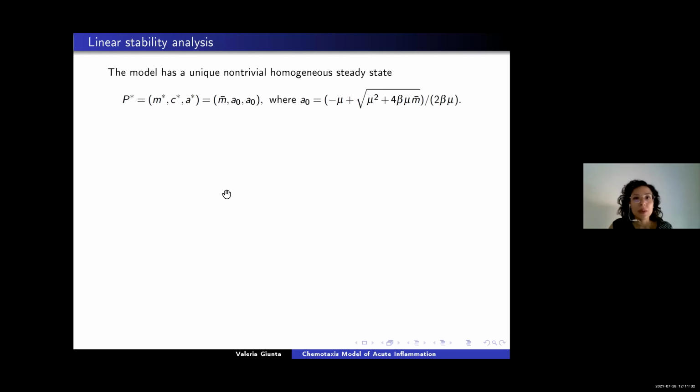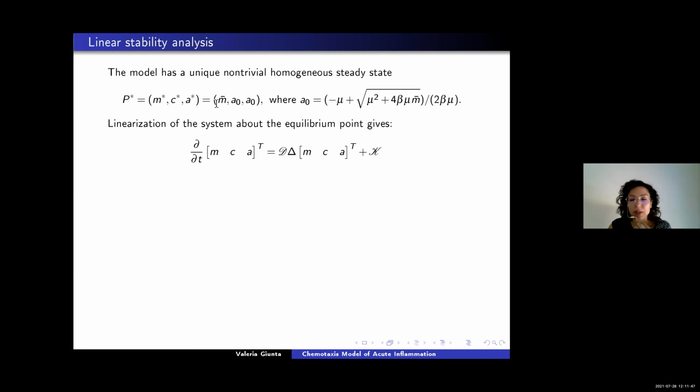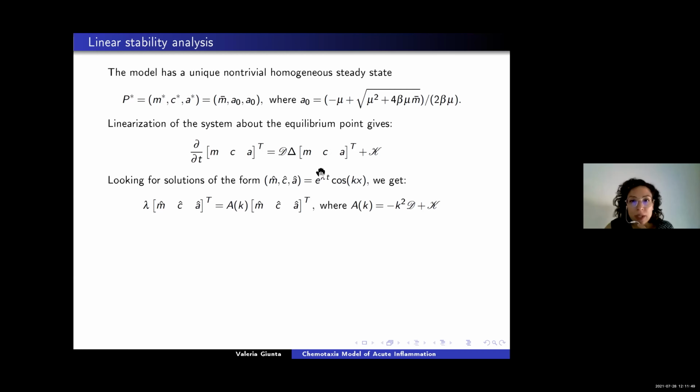The model has a unique non-trivial equilibrium point, which corresponds to a homogeneous steady state in which all macrophages have been activated. As always, we can linearize the system about the equilibrium point, and look for solutions of this form.